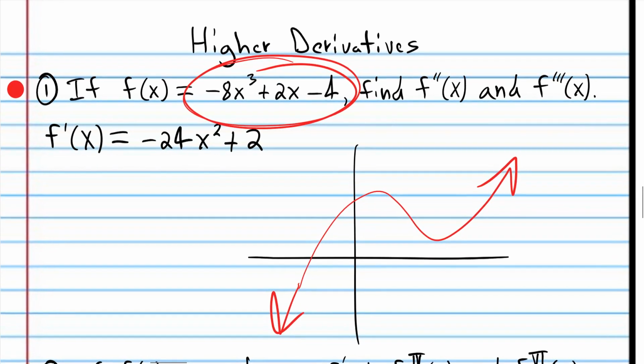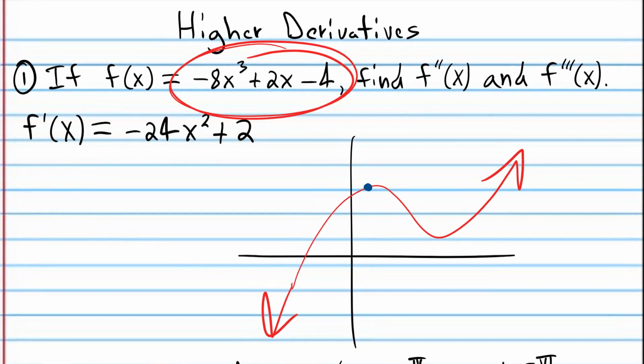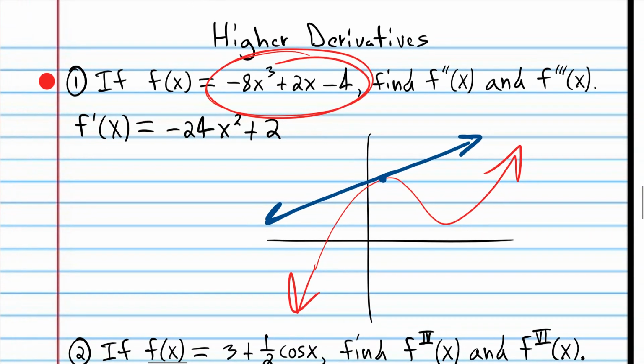If you find the derivative at some x value, let's say you plug in x equals 1, then the derivative is the slope of the line that's tangent to the graph at that point. The double derivative is how fast the slope of this line is changing at that point. So the double derivative is the rate of change of the rate of change of the y values of the function. It's kind of, again, complicated.